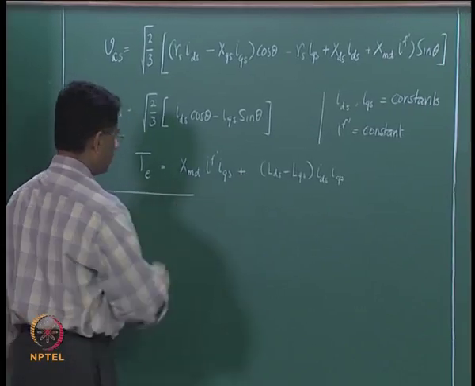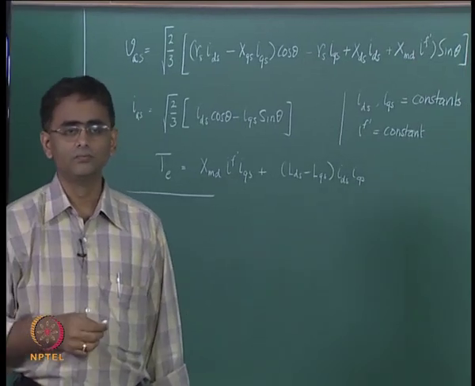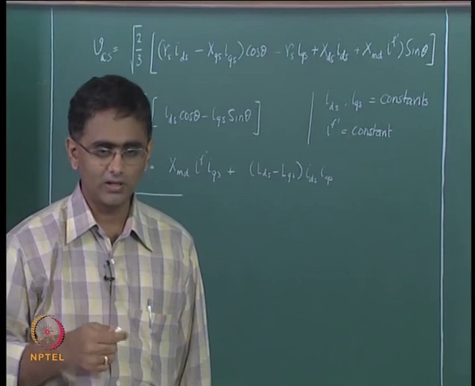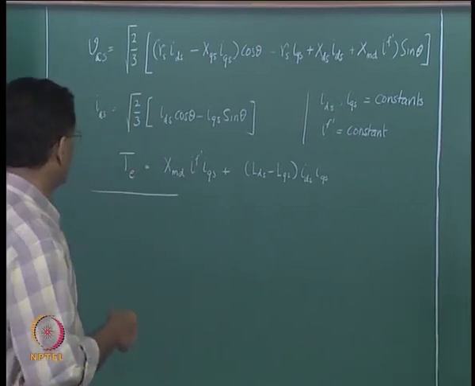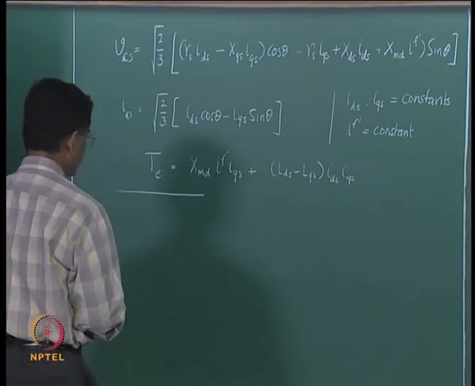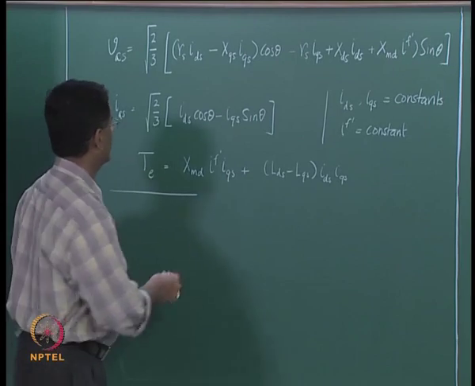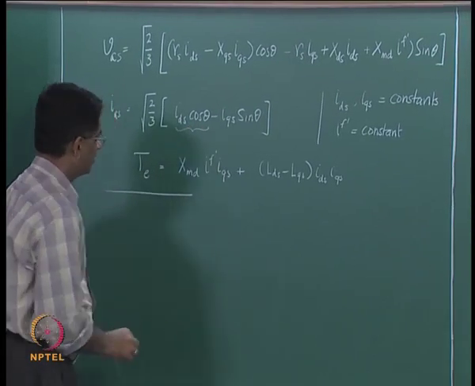So with this, what we had tried to do was to develop a phasor diagram, because the synchronous machine is analyzed in steady state using phasor diagrams. In the last class we saw a brief review of phasors.